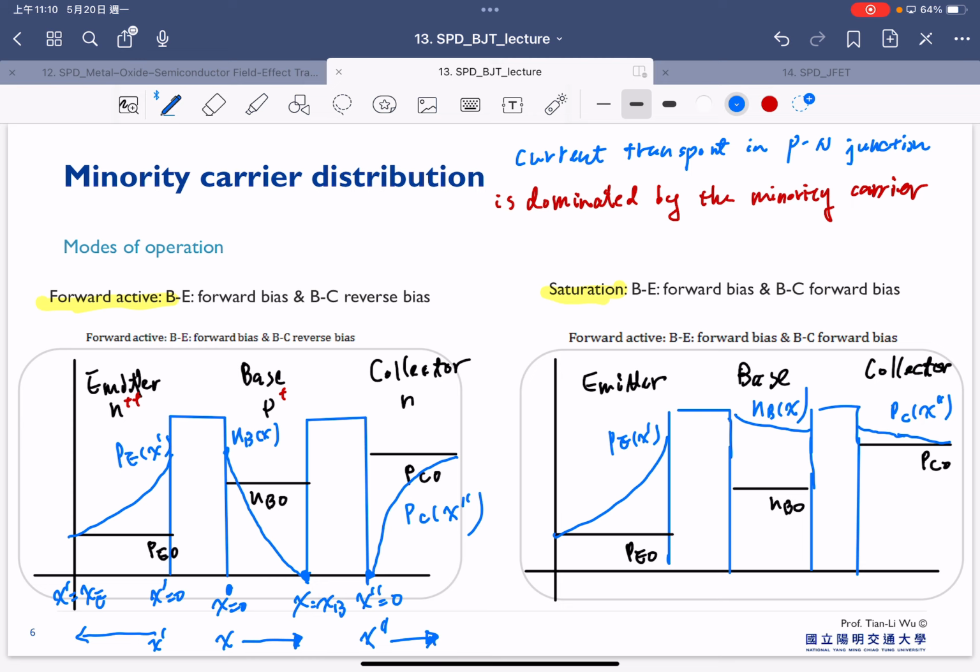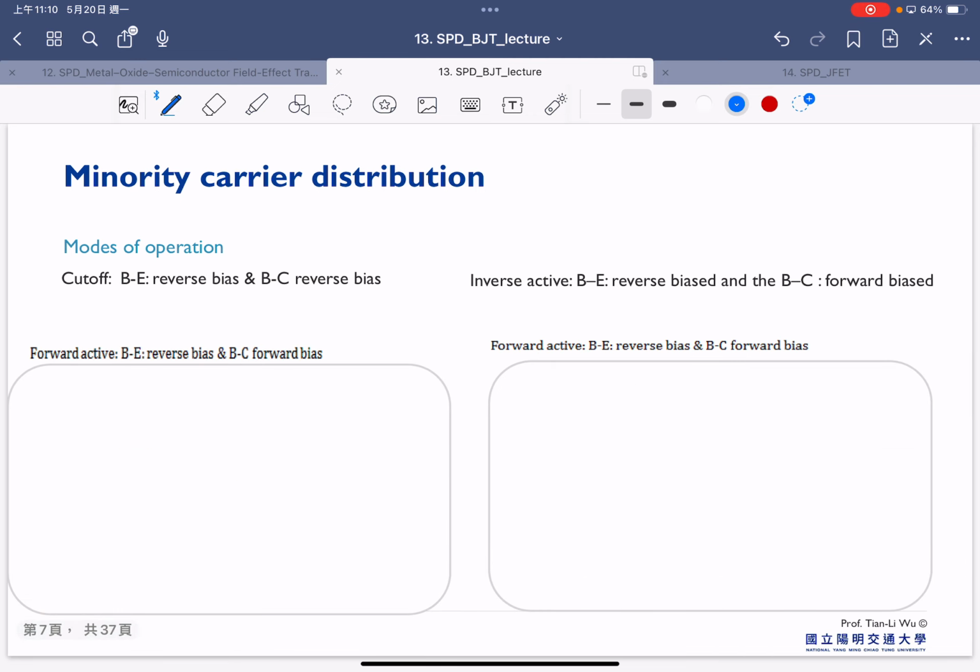Okay, so next we should continue to draw the case of the cutoff. The cutoff is both reverse bias in the BE and BC. So in this case, still the same.